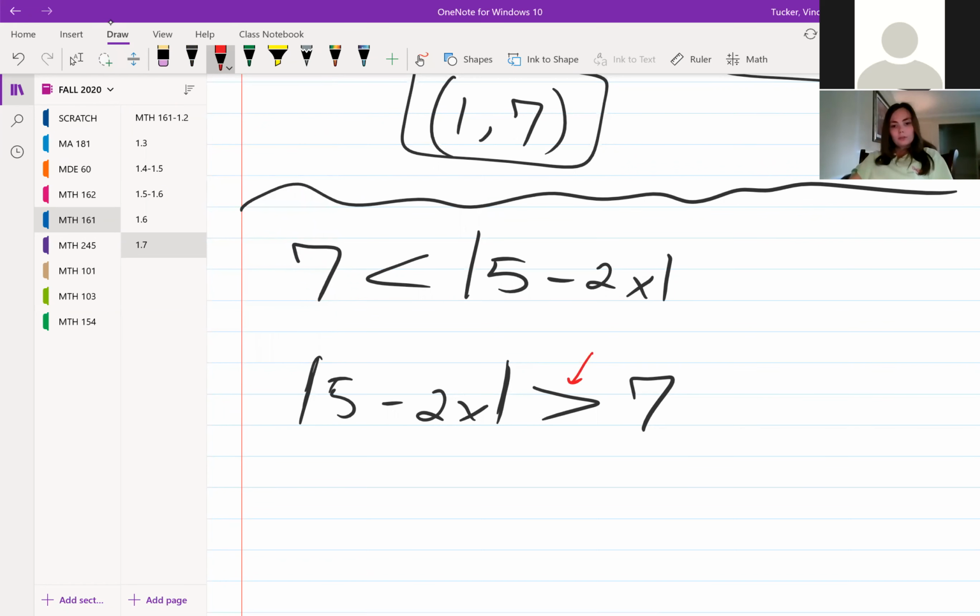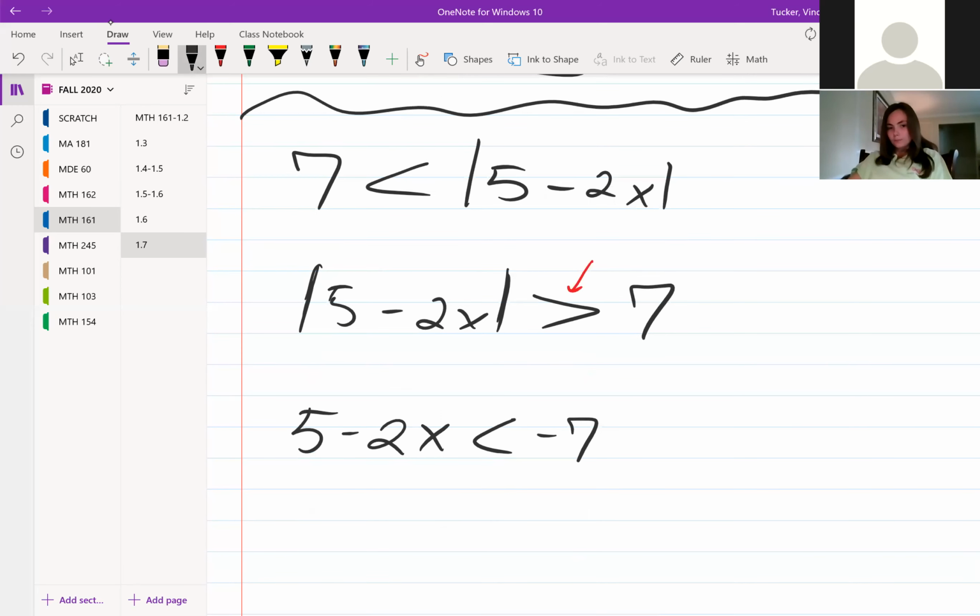And because it's greater than, that means we're going to look at the second way of setting up the problem. So you take the quantity that you have, 5 minus 2x. Use the opposite sign for your inequality and for your number.